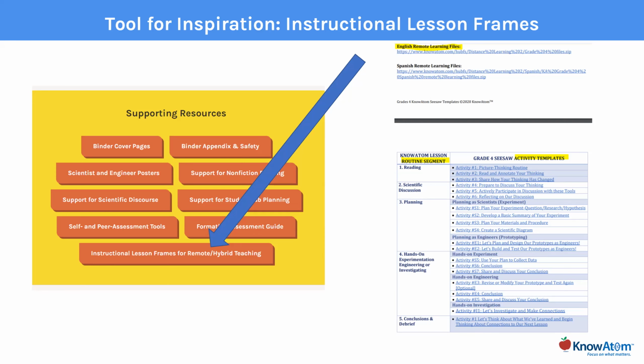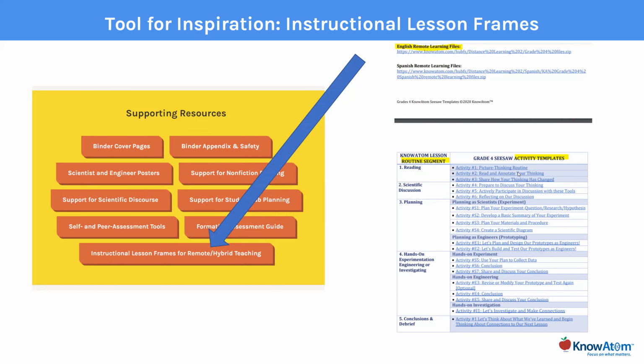that planning process. Okay, and so you'll notice when you click on the instructional lesson frames that you'll get a document, and there will be a zip file with all of the frames, both in English and in Spanish. There's also an easy to view tool, which links directly to those frames by segment of the lesson.